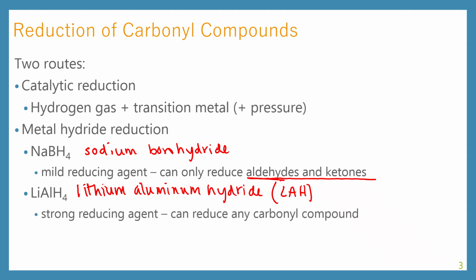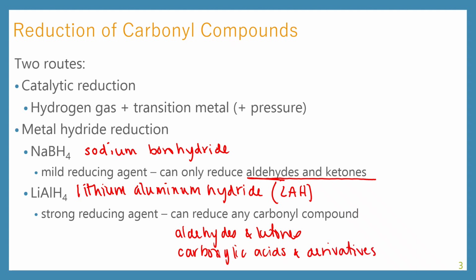And this is a much stronger reducing agent. This can reduce any carbonyl compound. So this will include aldehydes and ketones, but it's also going to include carboxylic acids and their derivatives, which is the topic of chapter 13 and 14.